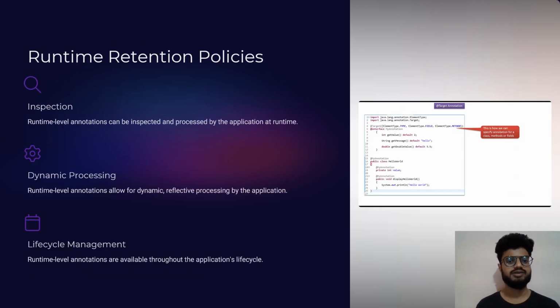The third one is runtime retention policies, which are available during runtime processing. During runtime, the values change dynamically, so this is called dynamic processing. The runtime-level annotation allows dynamic and reflective processing by the application. And lifecycle management: the reflective annotations are available through the application lifecycle.